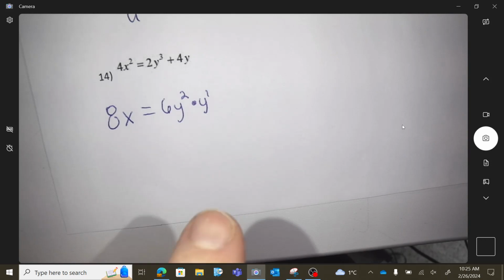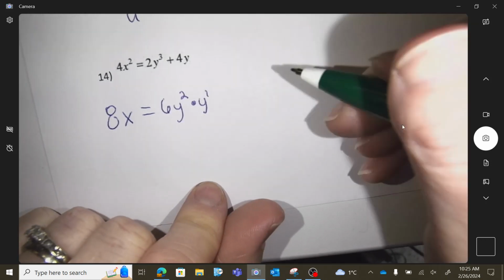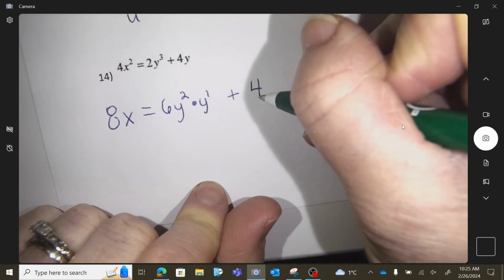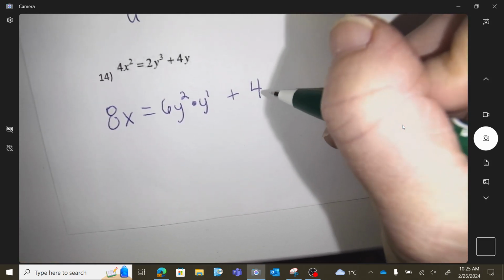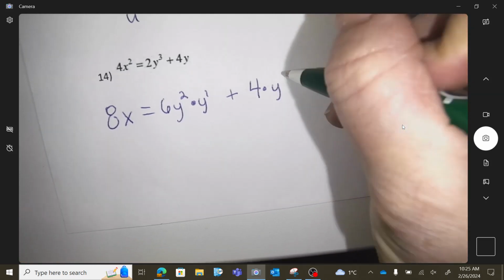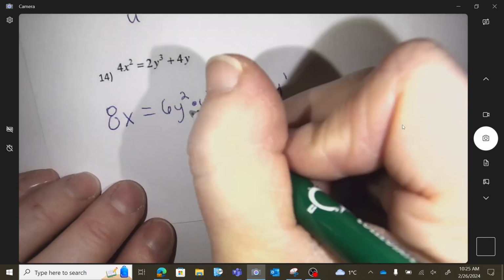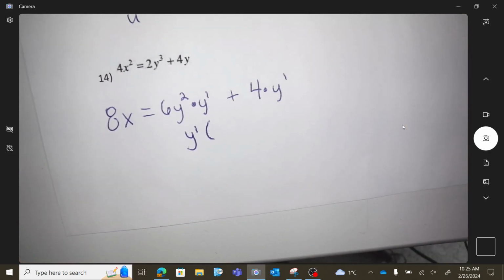And then on the last one, 4y would become a 4, but I derived with a y, so I have to attach. Now, your goal is to have units that don't have y primes on one side, units that have y prime on the other, which is already done. So I'm going to factor out y prime GCF.